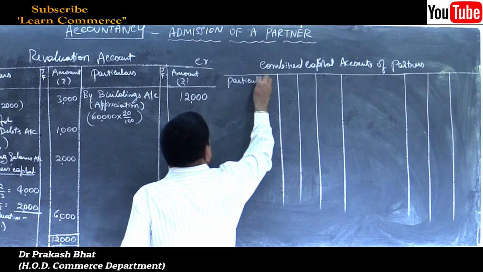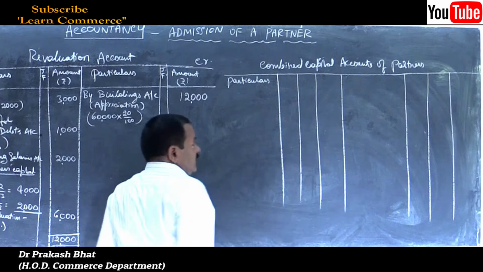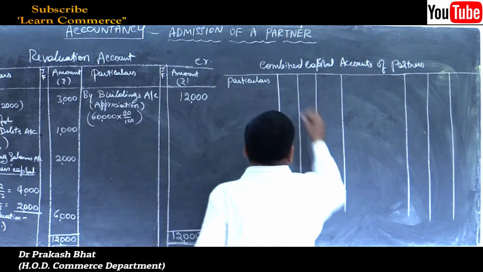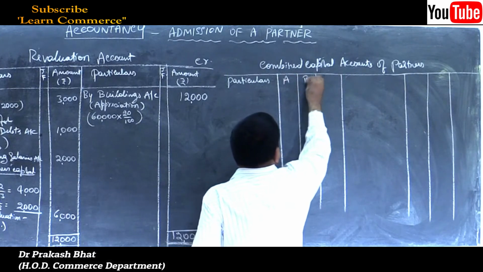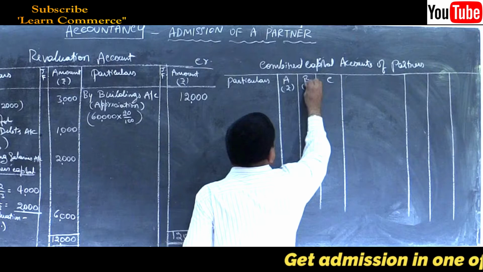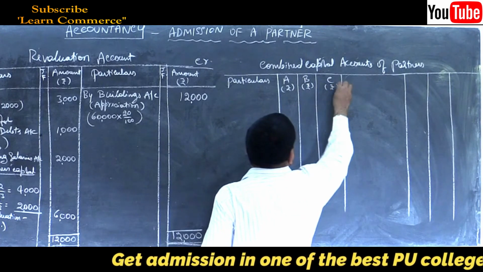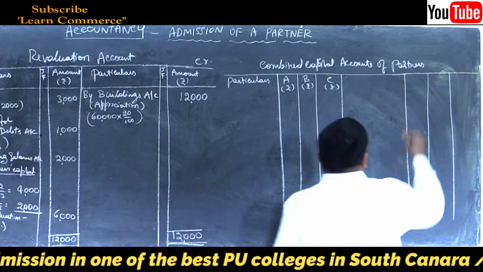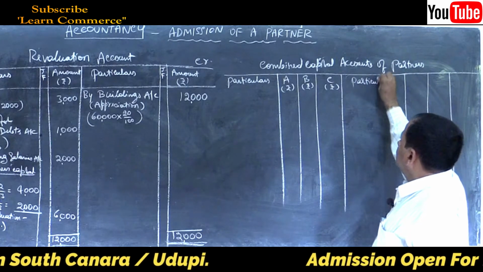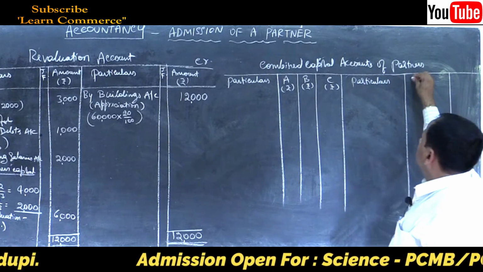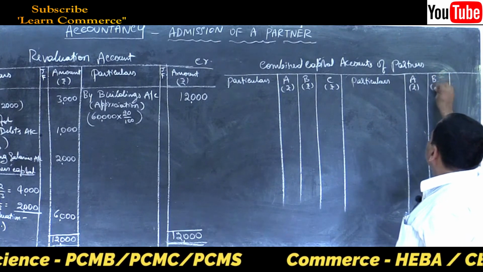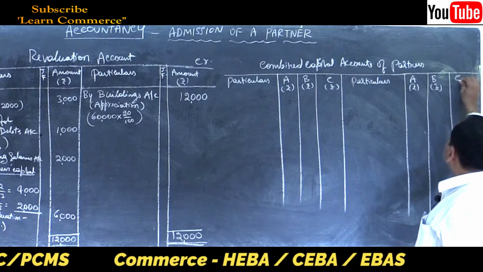Then write the names of the partners in each column on the debit side and credit side: A, B and C, with rupees within bracket, because we are writing the amounts in rupees. Here also particulars, A rupees, B rupees and C rupees.